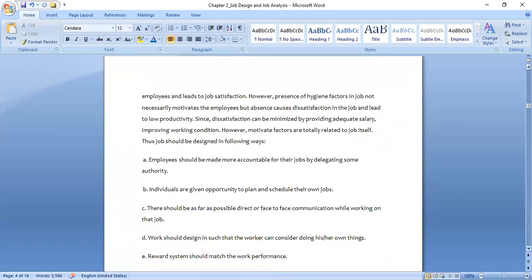And then we are still under the Herzberg motivation theory of job design. These are the following ways where the motivator factors can be achieved, right?